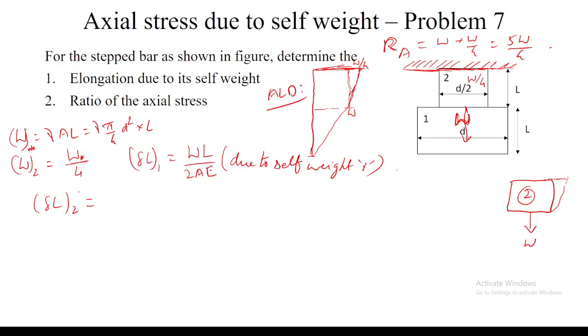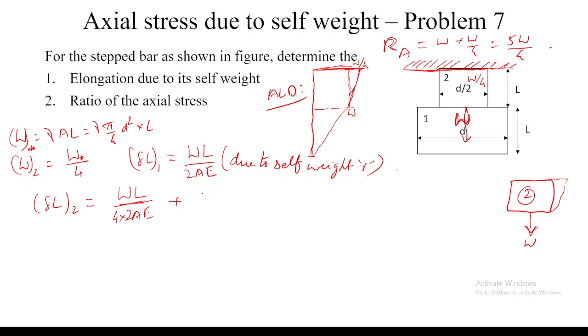So the total deflection of member 2 will be nothing but WL by 2AE, here W means W by 4, plus the self weight of member 1 will act as a point load for member 2 as shown in this figure.